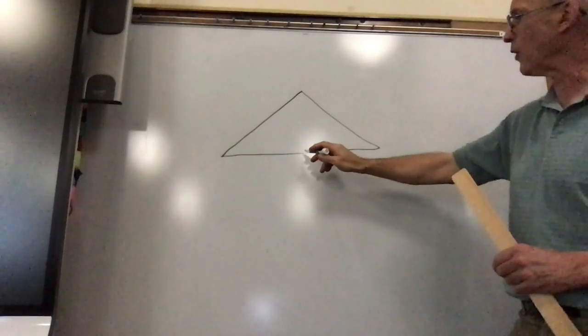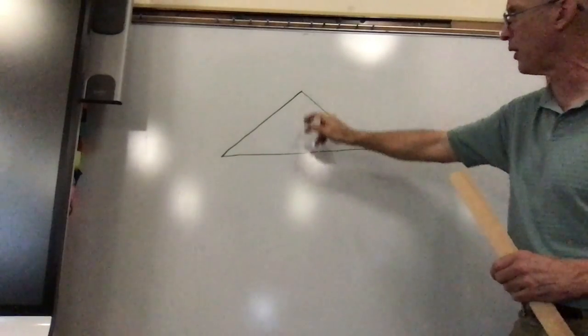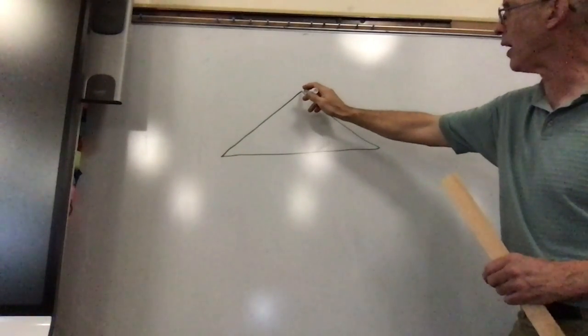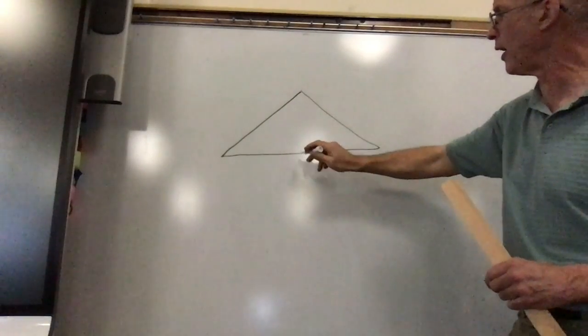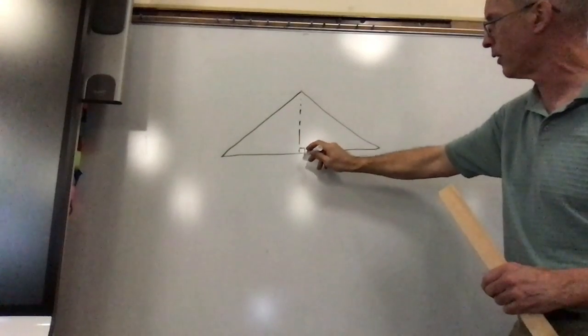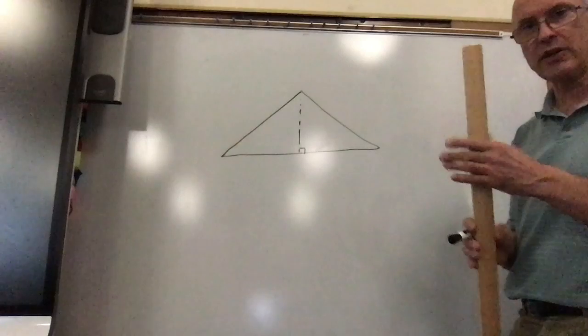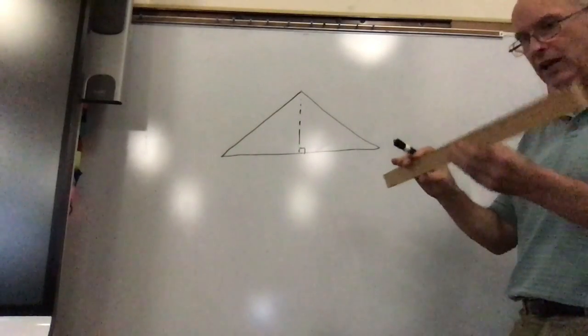So if I'm a carpenter and I want to have a support beam going up here, I want to figure out how far from there to there. Well, I'm going to measure the perpendicular distance there to get that.